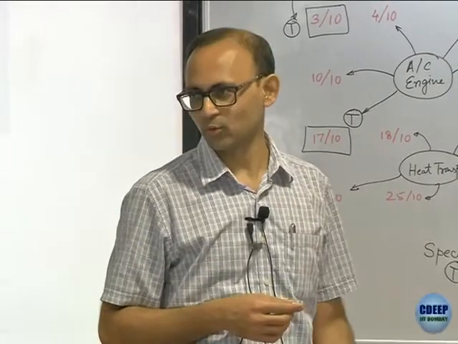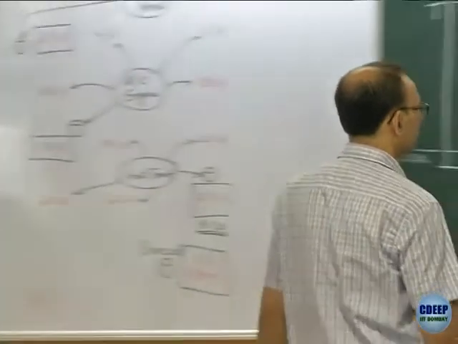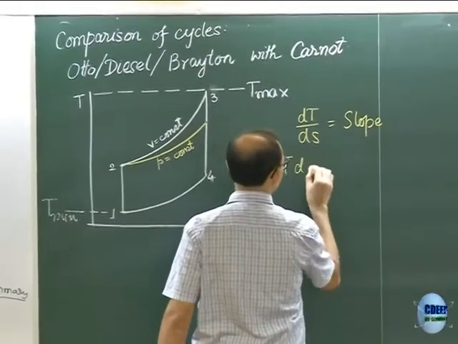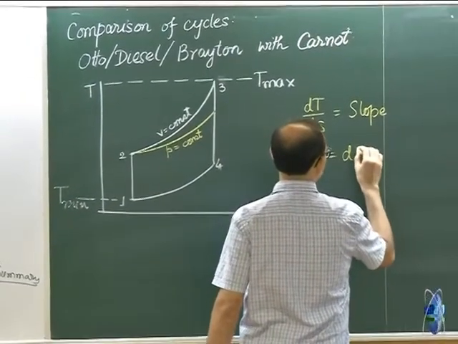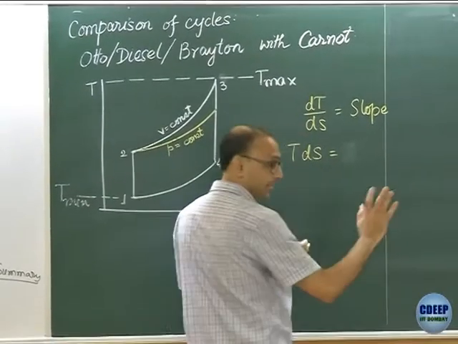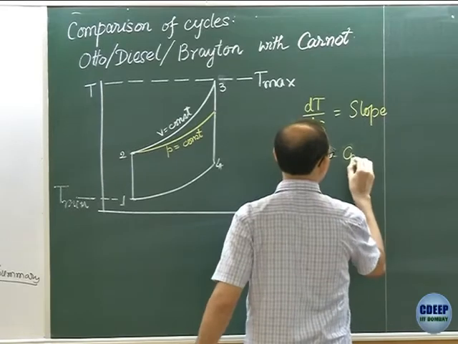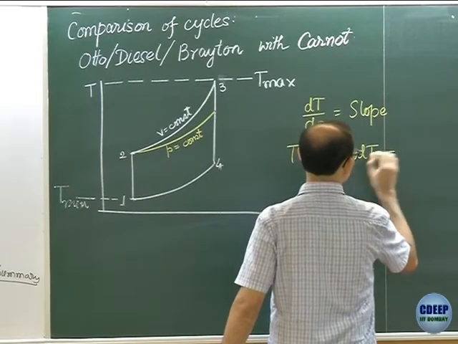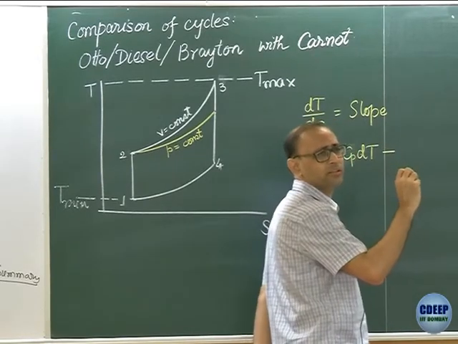The so-called Gibbs equation. TdS equal to dH, which is Cp dT. Remember, we are working with an ideal gas now. Minus dP by rho, right? Please check.